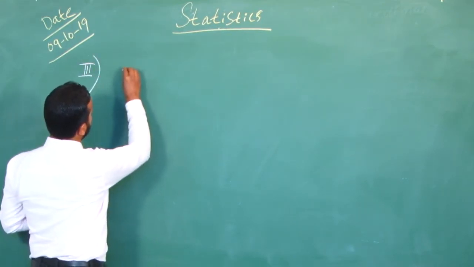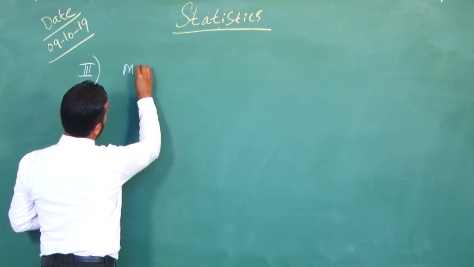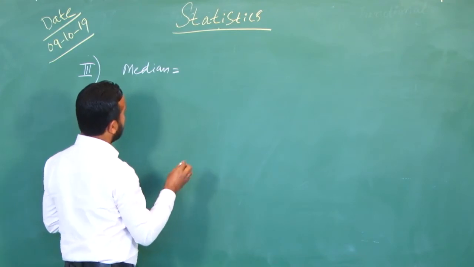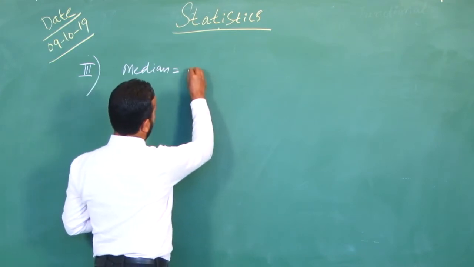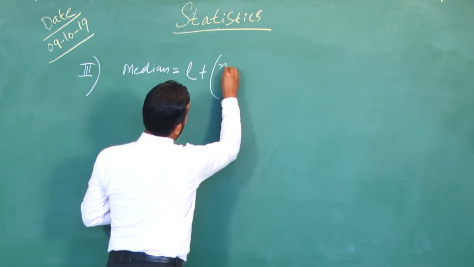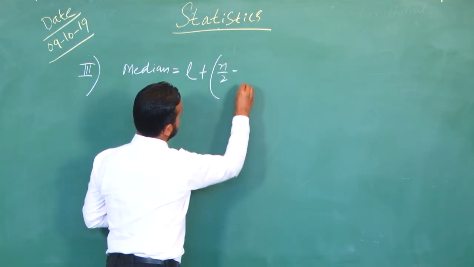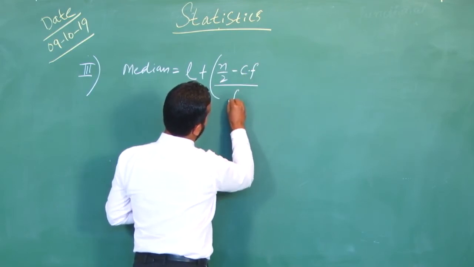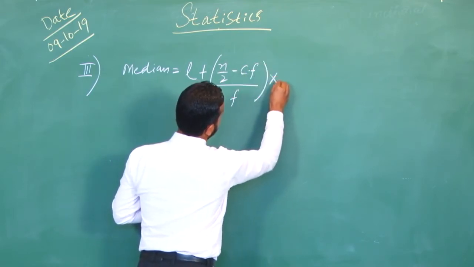The median of the grouped frequency distribution is calculated as L plus n by 2 minus CF divided by F, multiplied by H.